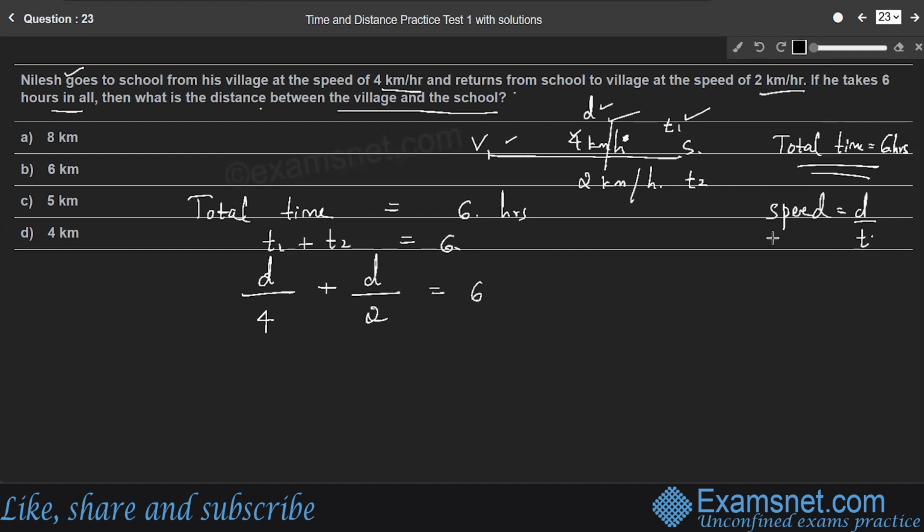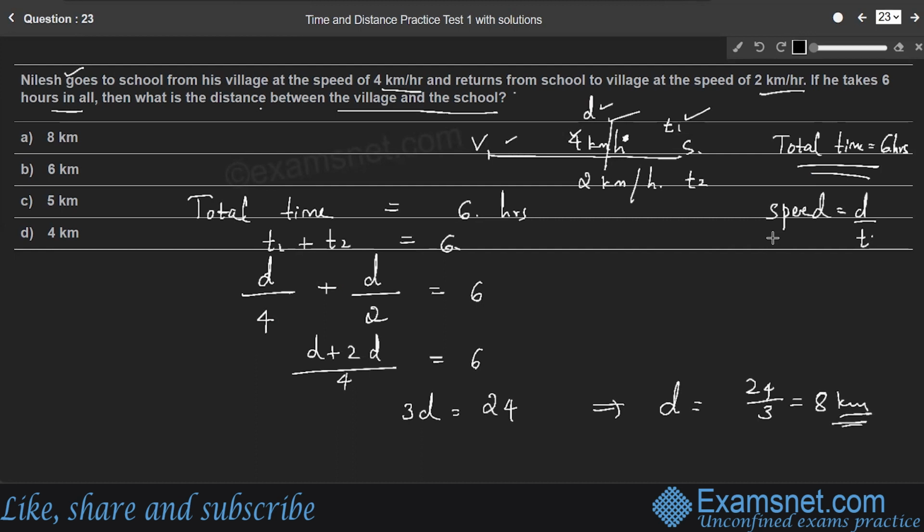Here the LCM is 4. The numerator becomes d plus 2d is equal to 6. Hence 3d is equal to 6 into 4, 24. Therefore, the value of d becomes 24 by 3, which is 8 kilometers. So the distance between village and the school is 8 kilometers. Option A is the right answer.